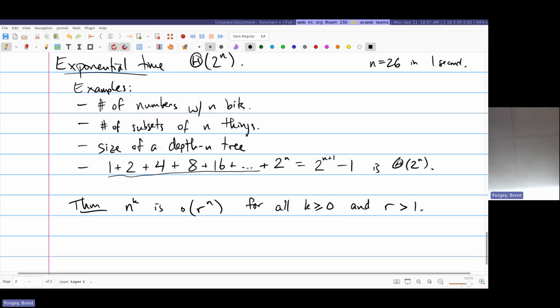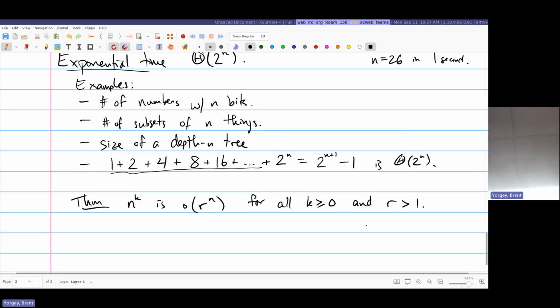In other words, any polynomial is better than any exponential, right? Even if k is really, really big, n to the 200 power or something, and my base is like r, 1.001 to the n, eventually as n gets big, 1.001 to the n is going to become bigger than n to the 200.